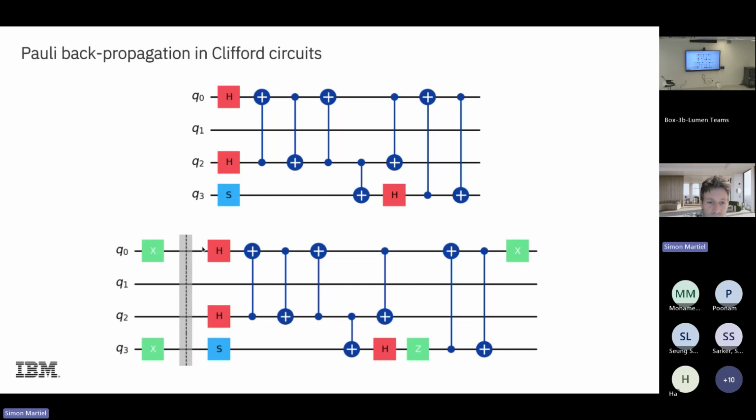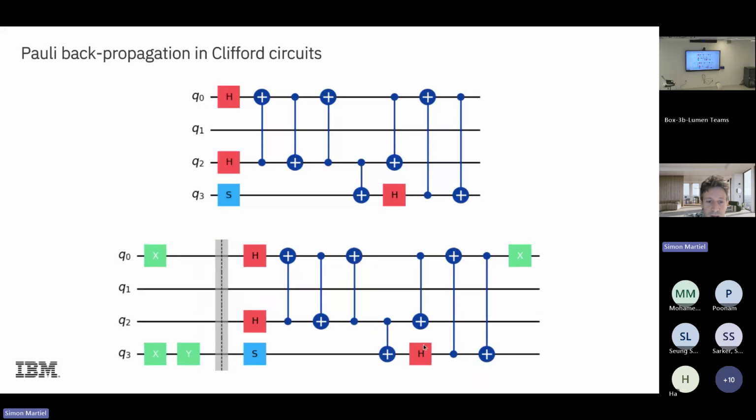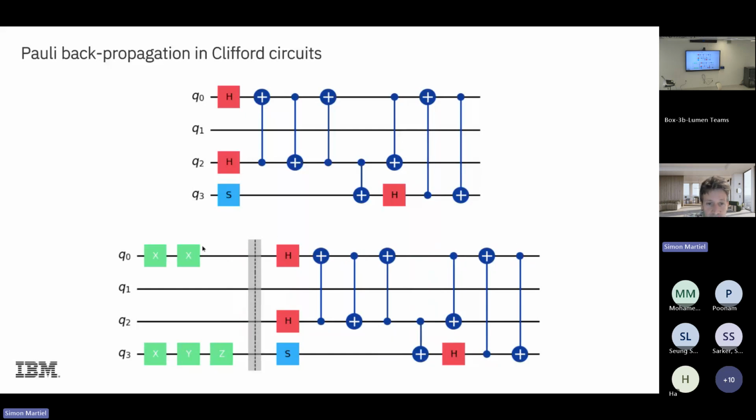Here I just propagated backward the 2 initial X gates that were already at the beginning, so I didn't do anything. Then I can propagate this Z Pauli here at the bottom. If I run it through all those Clifford gates, I will end up with a Y on the last qubit. Then I can backpropagate this last X gate, and I end up with an X on the first qubit and the Z on the last qubit.